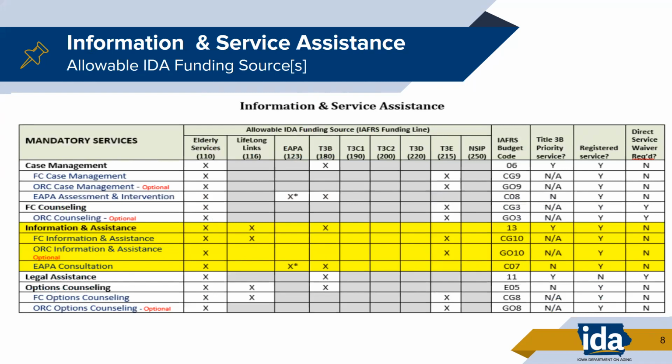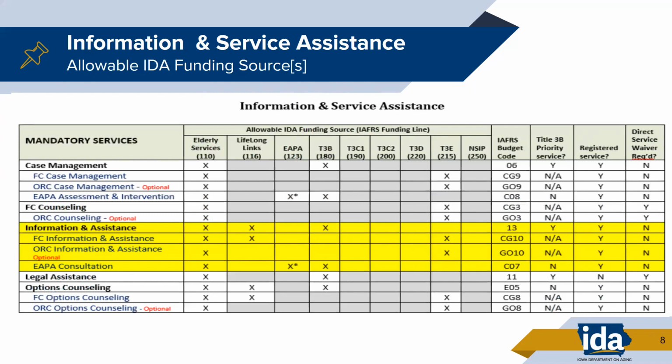Each AAA may determine the total amount of funding for the INA service and the amount from each funding source that makes up that total. In order to ensure alignment with fiscal staff, the budget line item number and IFRS code is included in this grid.